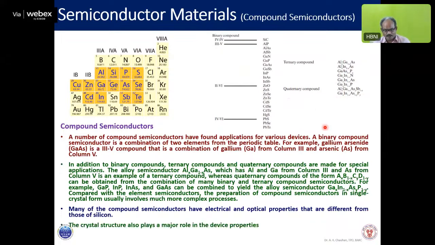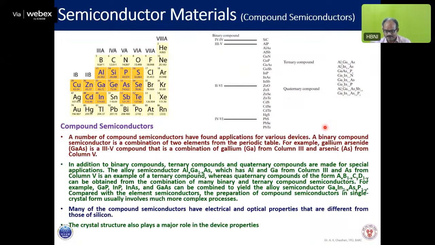Now, as I already said, when an electron moves inside a periodic potential, this periodic potential comes from the crystals. So crystal structures play a very major role in the device properties.